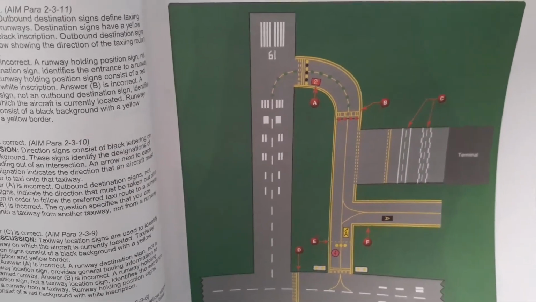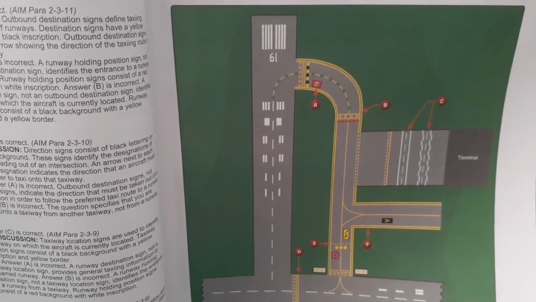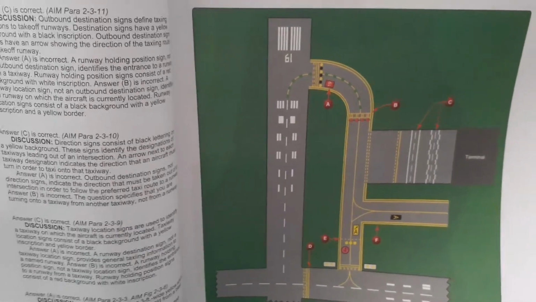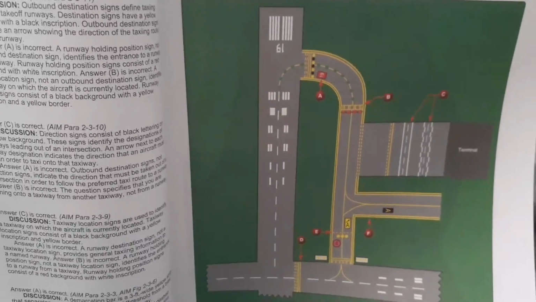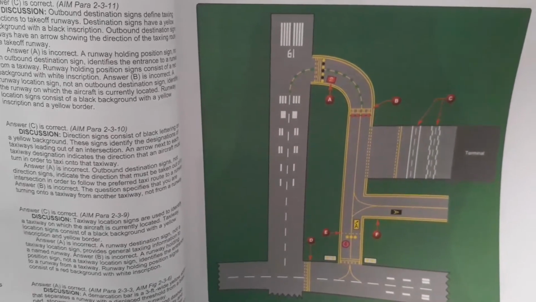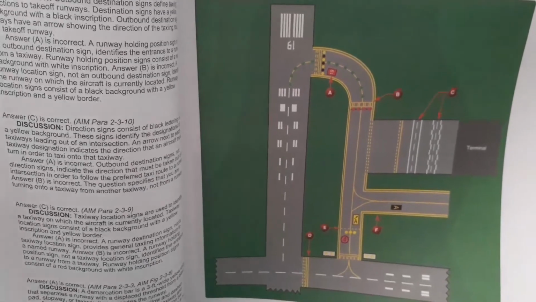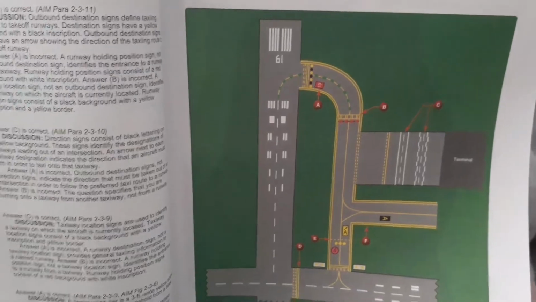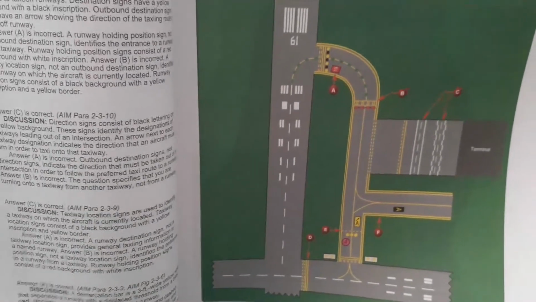B, denotes area protected for an aircraft approaching or departing a runway. Or C, denotes intersecting runways. Question again. What is the purpose of the runway hold position sign? The correct answer is C, denotes intersecting runways.